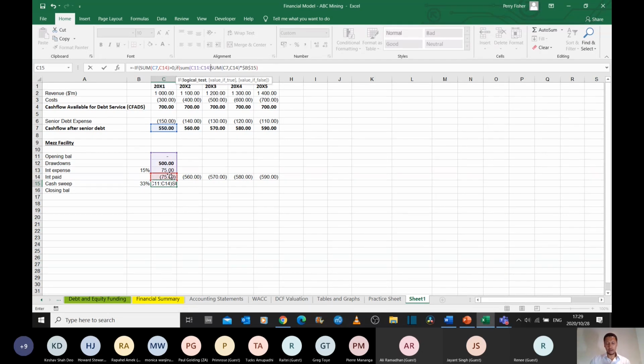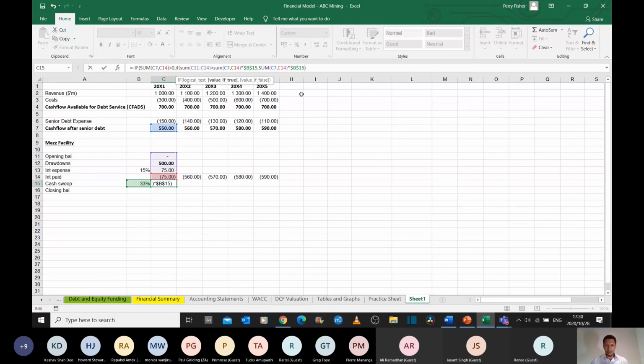If the debt that I owe is greater than the value of the actual cash sweep, and what is the cash sweep? It's just whatever I have in the business minus what I've already paid in interest, and I'm going to take 33% of that. Okay, so if the amount I owe is more than the value of the sweep, then I'm going to apply the sweep, which is what the remainder of that formula in the brackets is.